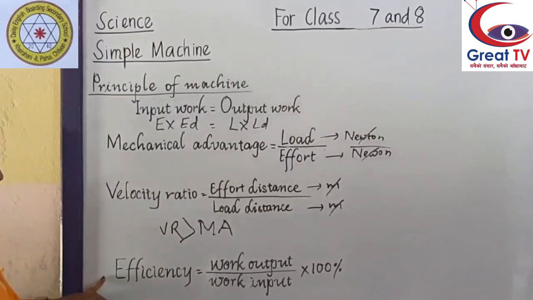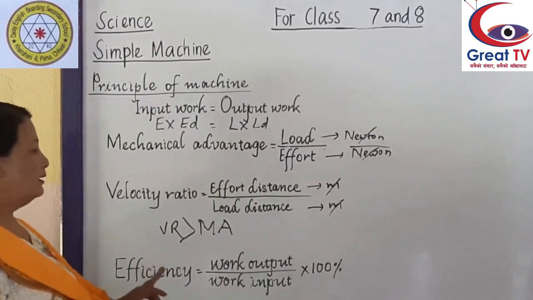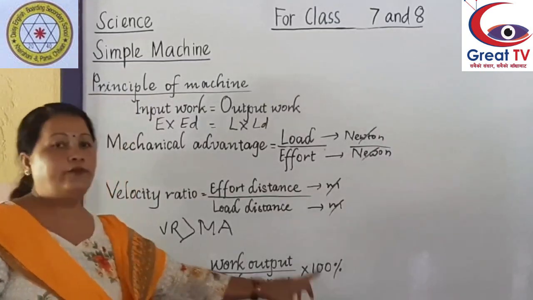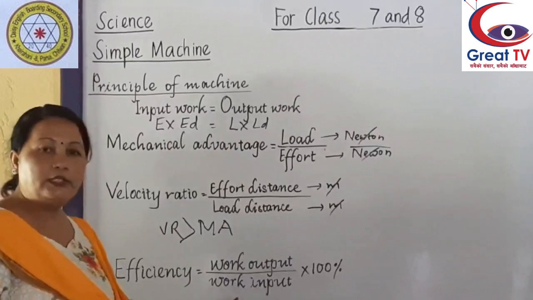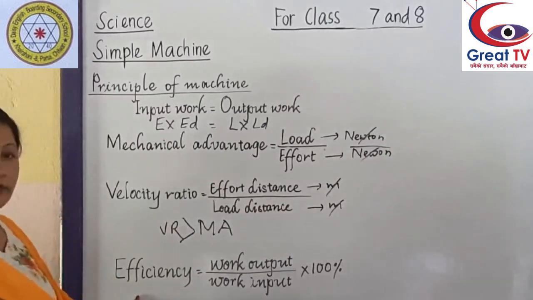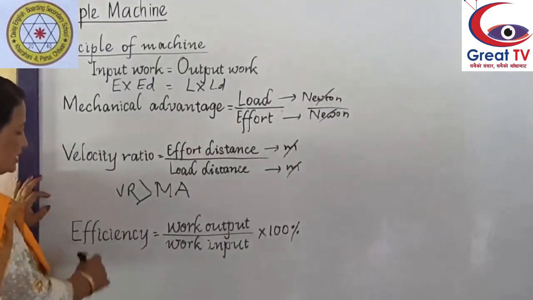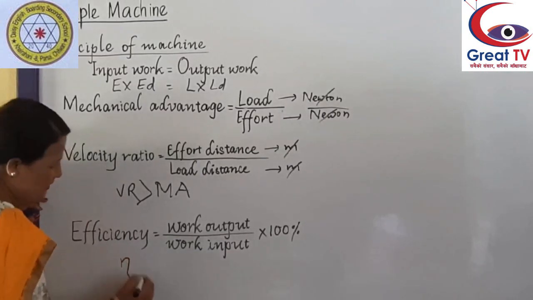Now the next topic is efficiency. The percentage ratio of work output to work input in a machine is called efficiency. Efficiency is denoted by eta.